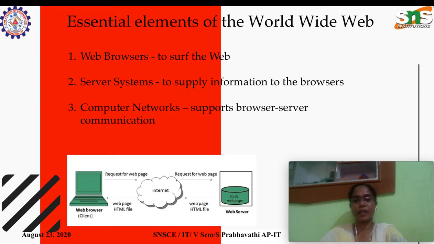To get information from the other computer, we need internet connectivity, and our computer, which I am calling a web client computer system. On our computer we use browsers to access the information, and that browser is called a web client.